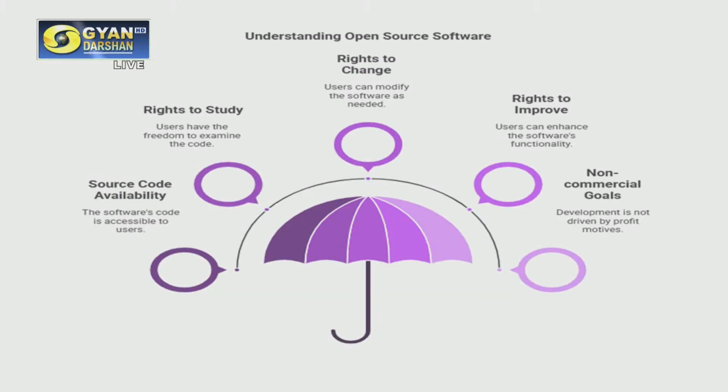And we can understand that there is a class of software which is called open source software. In this class of software the source codes are readily available. You have the facility to modify and change the code according to your requirements, and they are non-commercial.